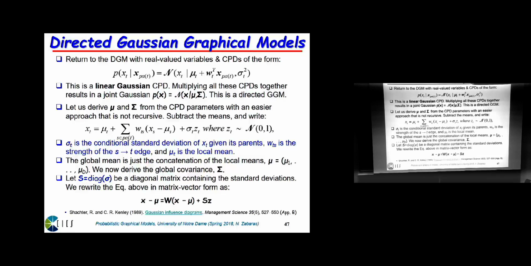So S is the diagonal of sigma, times the vector Z. This is the same equation I had before. The only difference is that now I can write this as a matrix equation where, instead of x's, we have x minus the means of the nodal values.